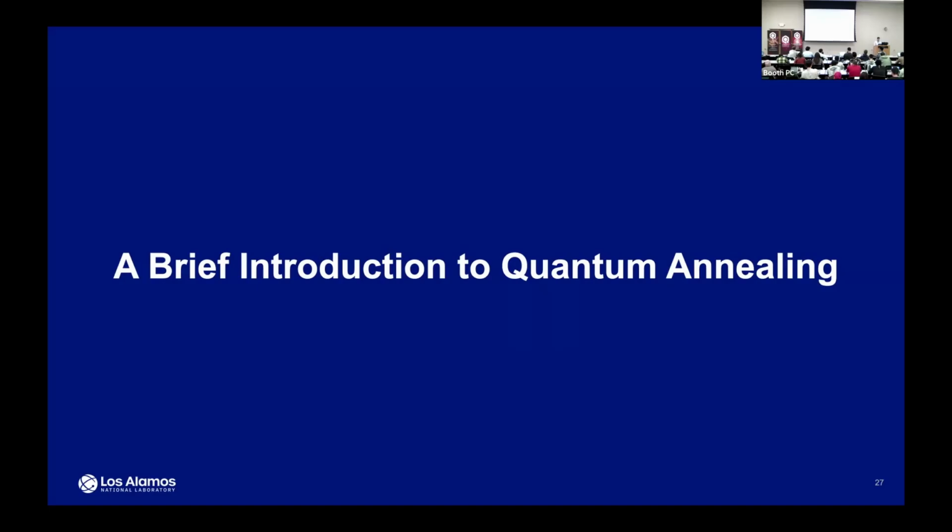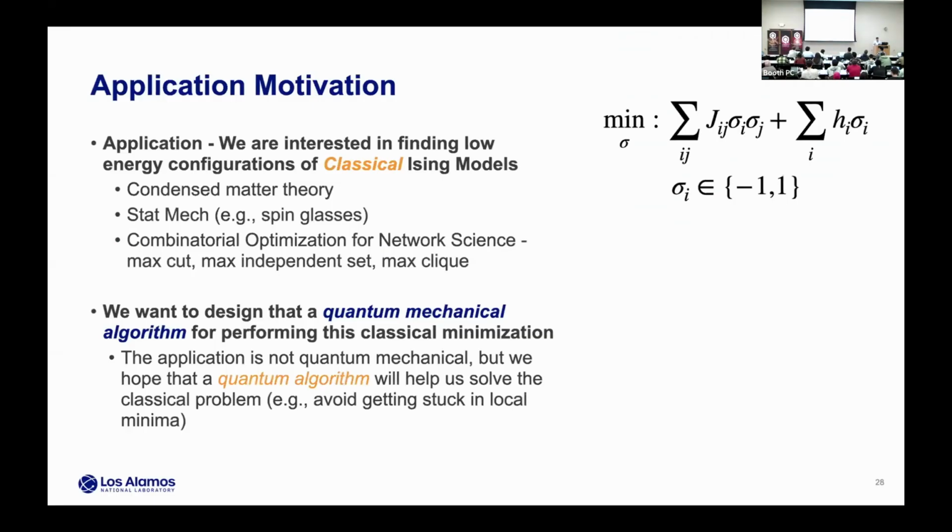And I'll try to convince you this is a cool and interesting algorithm. So what's the application motivation here? We're interested in finding low energy or high quality configurations of a classical Ising model. You've seen it there. This has applications in condensed matter theory, statistical mechanics, and combinatorial optimization on networks.